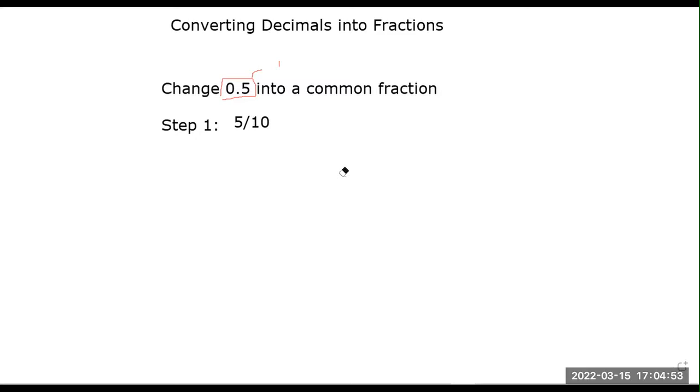So this is why we divide by 10. If we had two numbers after the decimal point, for example, 0.51, it would be divided by 100. That would be step 1 in the process involved.